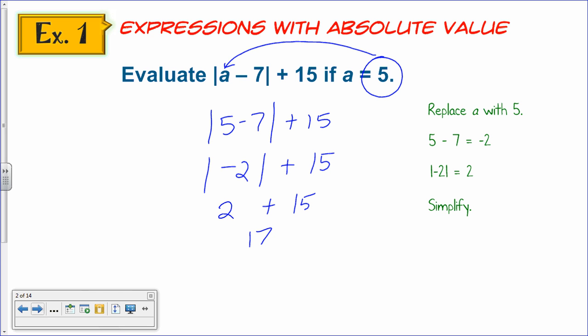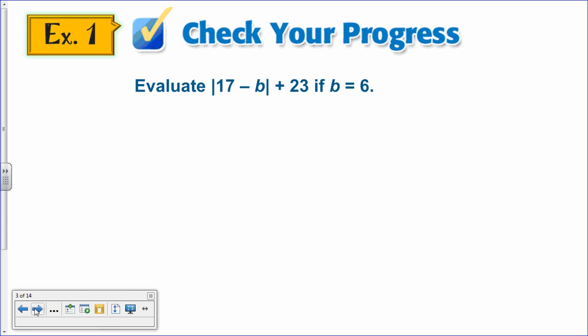Pretty easy? Any questions on that? Write that problem down. It's probably going to be one of your CYP problems, as it says at the top. I'm not going to work it, but you have seen the problem, so it's up to you to work it. Is everybody clear on that?